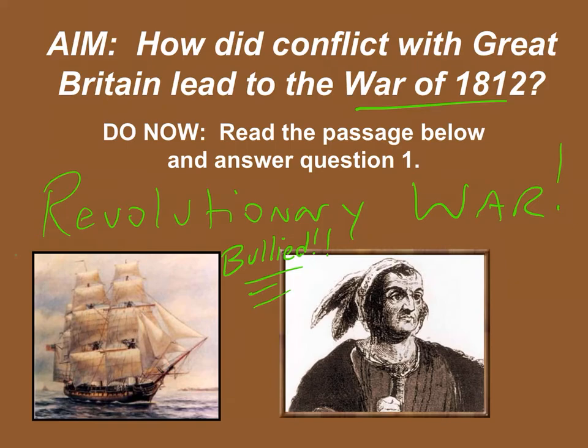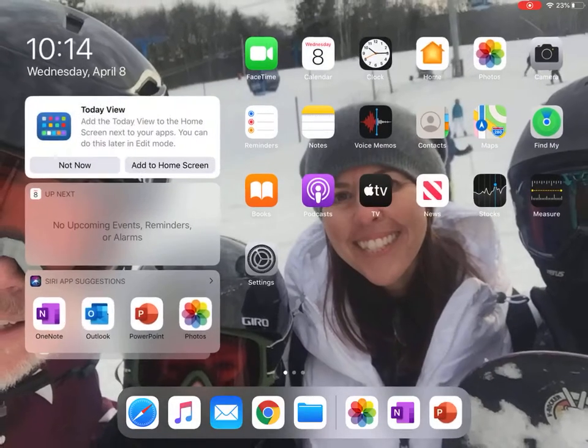Both at sea and out west, British threats were becoming a problem, and the United States eventually felt the only way to deal with the bully is to fight back. So we wind up back at war with Britain in 1812 due to the bullying of the United States.